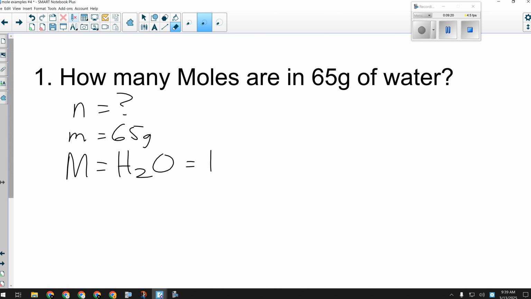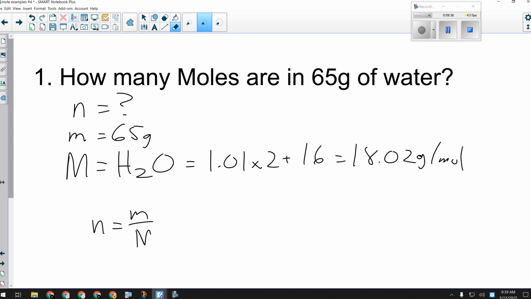So that will be 1.01 times 2 plus 16, which is 18.02 grams per mole. All we have to do is plug the numbers we were given directly into the mole equation, the easiest kind. 65 grams divided by 18.02 grams per mole. Grams will cancel.